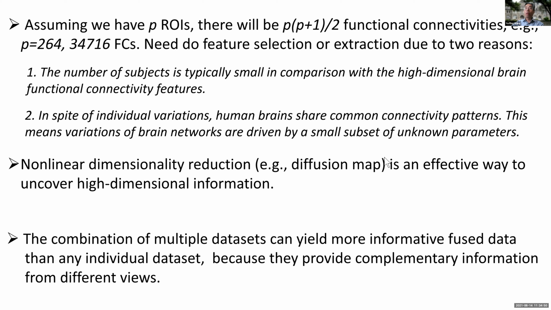Here we will introduce the diffusion map-based approach, which turns out to be a very effective way to uncover the high-dimensional information. Furthermore, we wanted to combine multiple networks in order to take advantage of complementary information from different modalities.